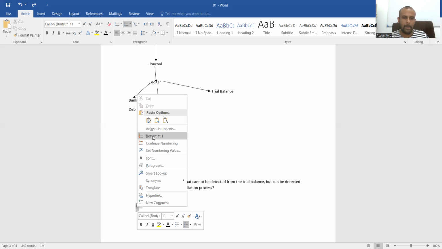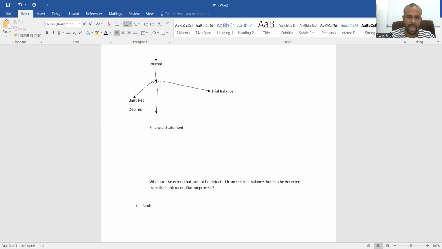There are plenty of them. Bank charges not recorded in the business books of accounts. Direct deposits not recorded in the books of accounts. Dishonored cheques cannot be recognized from the business books of accounts or identified from the trial balance, but we can identify them through the bank reconciliation process.